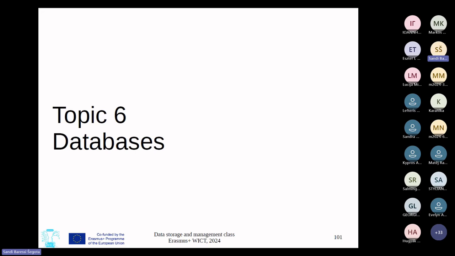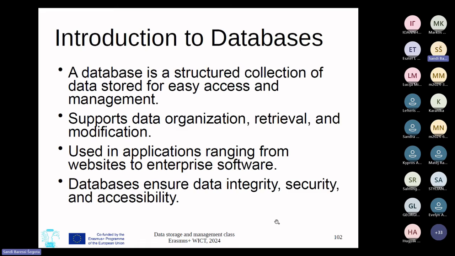I won't go very into depth, but I want you to learn what databases are when we're talking about a database in computer science or computer engineering. So immediately the first sentence is: a database is a structured, and that structured is very important, collection of data stored for easy access and management.